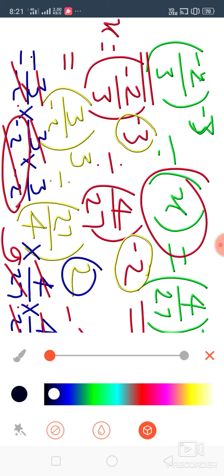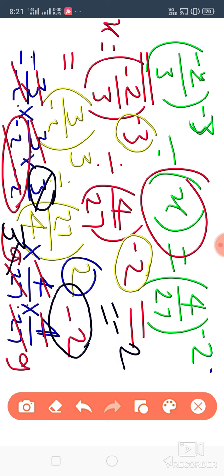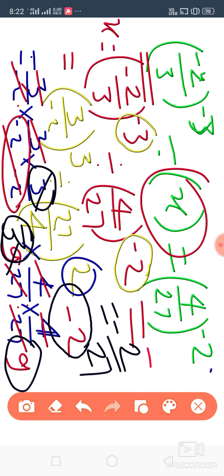In the numerator we are getting this 3 and this -2. This 3 can also be cancelled: 3 3s are 9. So finally in the numerator we are getting only -2. And in the denominator, how much are we getting? This 9 and this 3: 9 3s are 27. So overall -2/27 is your answer.